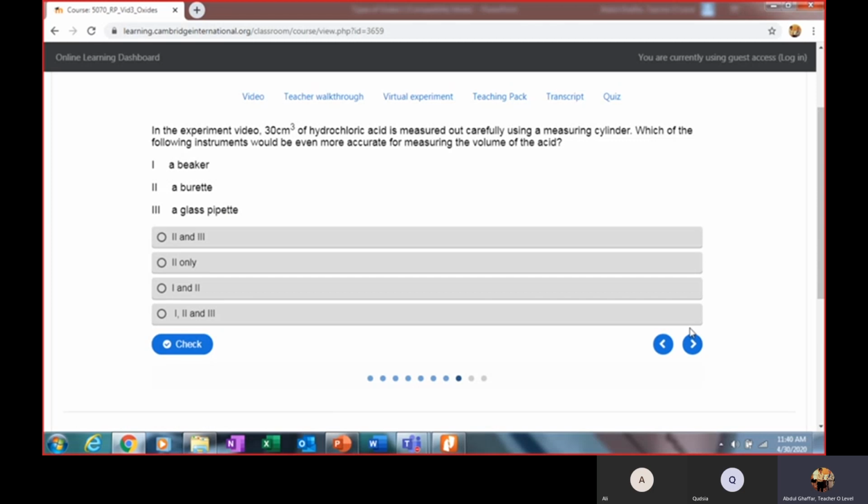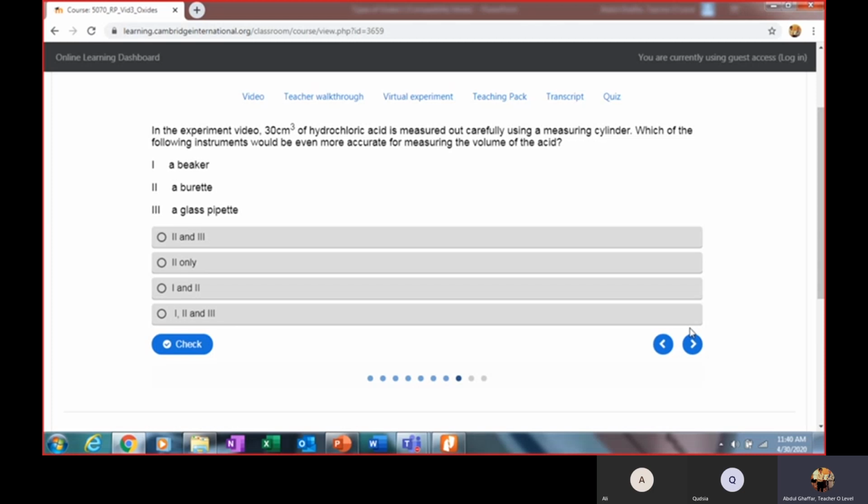In this experiment video, 30 cm cube of hydrochloric acid is measured out carefully using a measuring cylinder. Which of the following instruments would be even more accurate for measuring the volume of the acid?